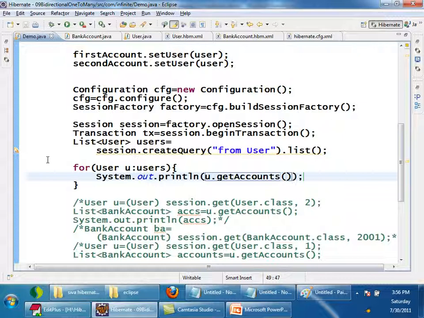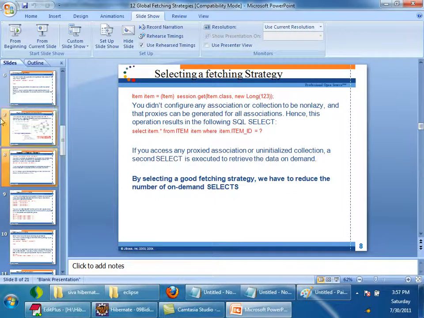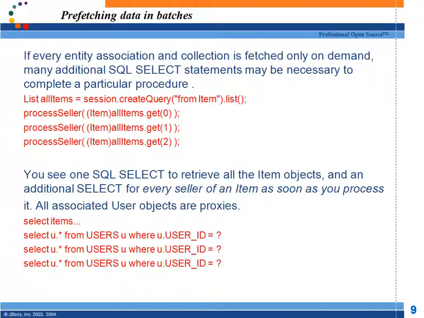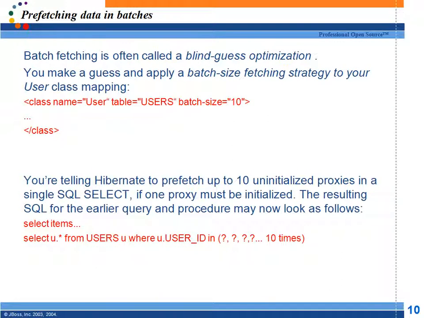Now I want to reduce the number of queries being fired. Let us see the strategy to reduce the number of selects. What I can do is say batch size is 10. It means whenever it tries to fetch 1, it will try to fetch 10.